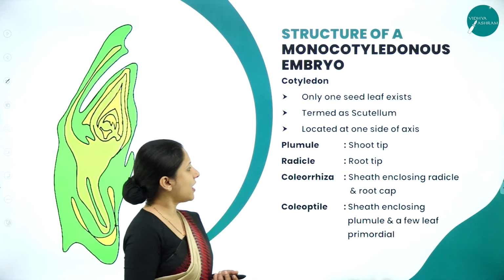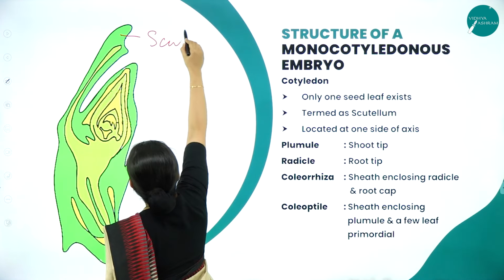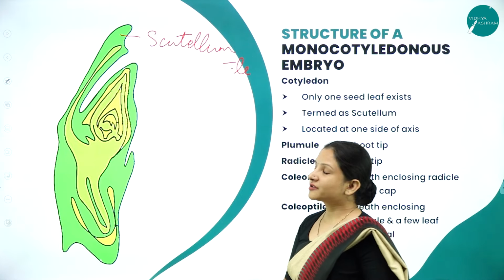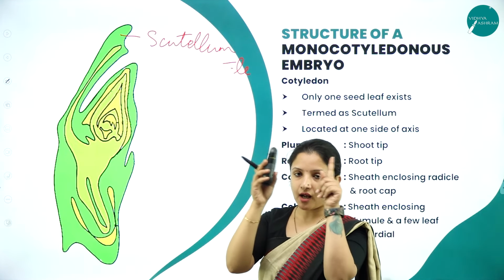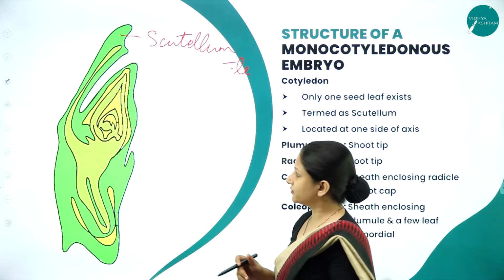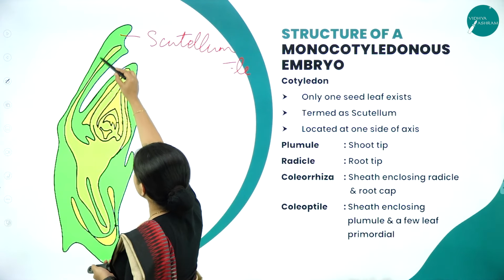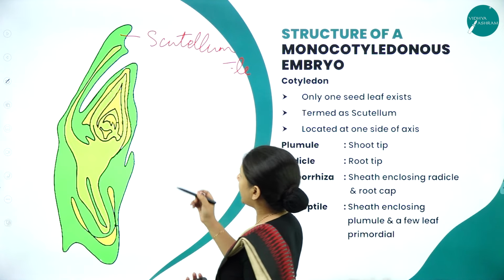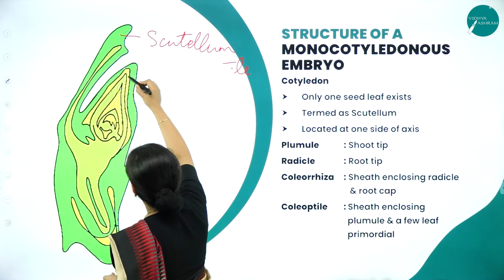This also has the scutellum. So this is nothing but the scutellum. Scutellum is the entire cotyledon of the monocot. All these green shades that are there, it is the scutellum. Now in the scutellum, we can find this portion.